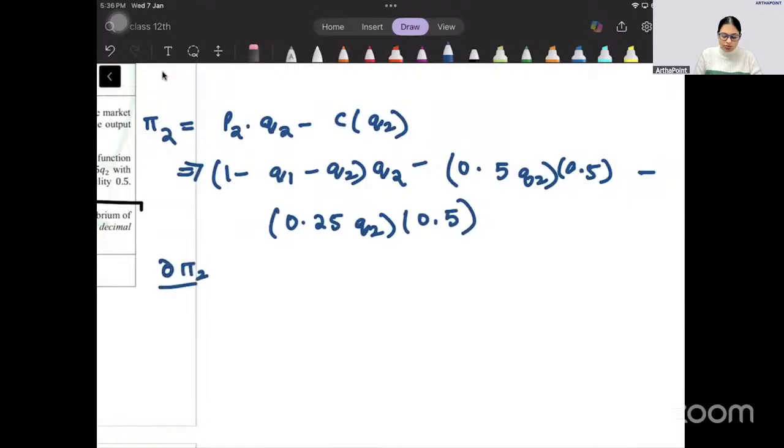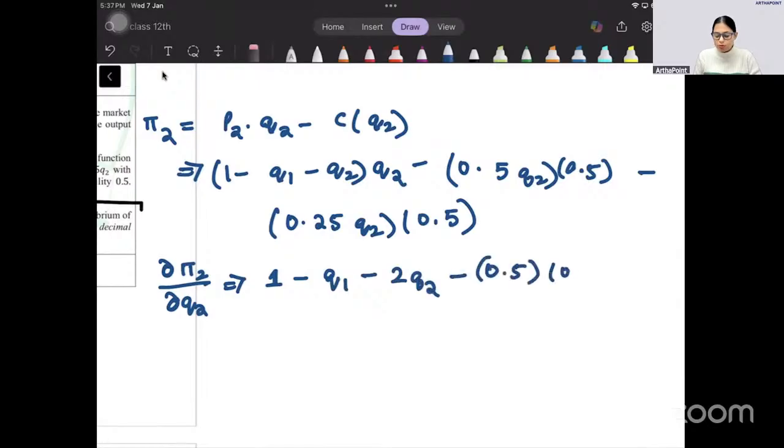Differentiate this with respect to Q2. You will get 1 minus Q1 minus 2Q2 minus 0.5 into 0.5 minus 0.25 into 0.5.